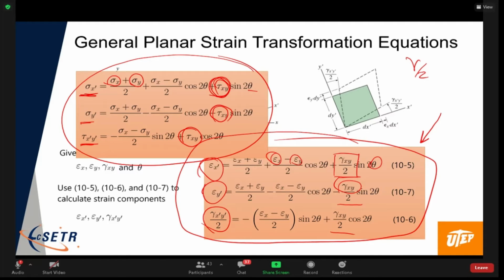Same as stress, just don't forget to divide the shear strain by 2.